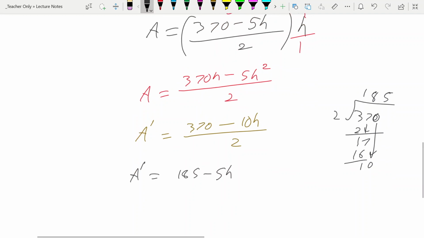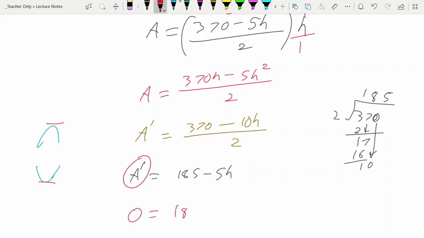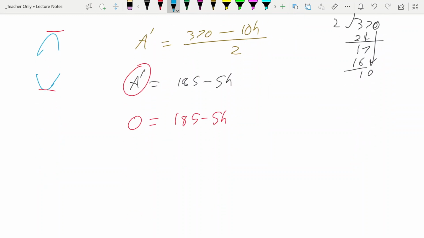Much better. Okay, now what's the whole point of finding mins and maxes? Well, we know a min or a max will occur when the slope of our tangent line is equal to 0. So therefore, that is my slope of my tangent line, so I'm going to let that equal 0. And now we can start solving. So I'm going to subtract the 185 to the other side.